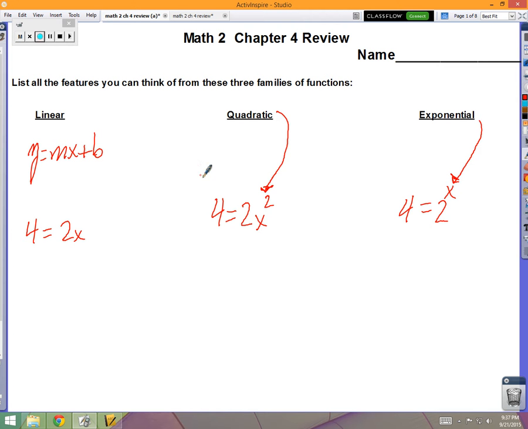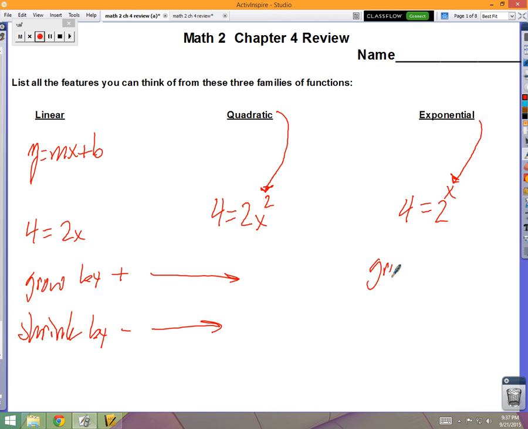So linear and quadratic have a lot in common. They both grow by addition, or they shrink by subtraction. That's the same for quadratic. The exponential, though, that grows by multiplication, and it shrinks by division.